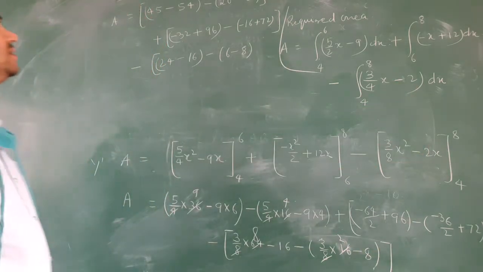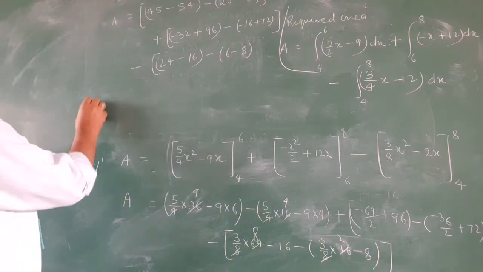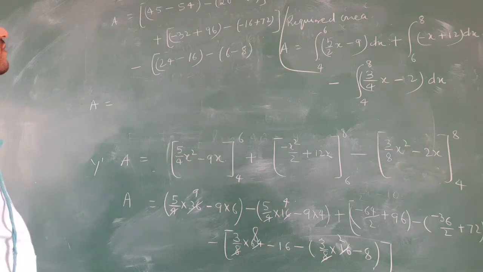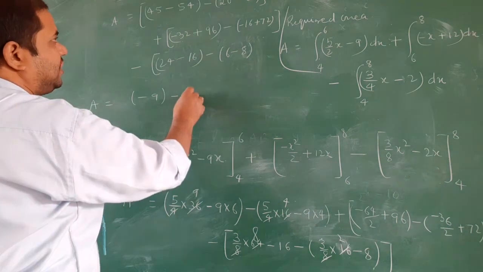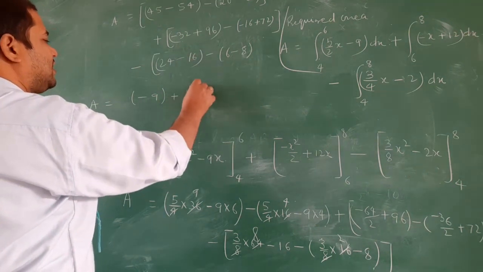Okay, so we calculate it, we will get A is equals to 45 minus 54, this is minus 9 minus 16, so plus 16.